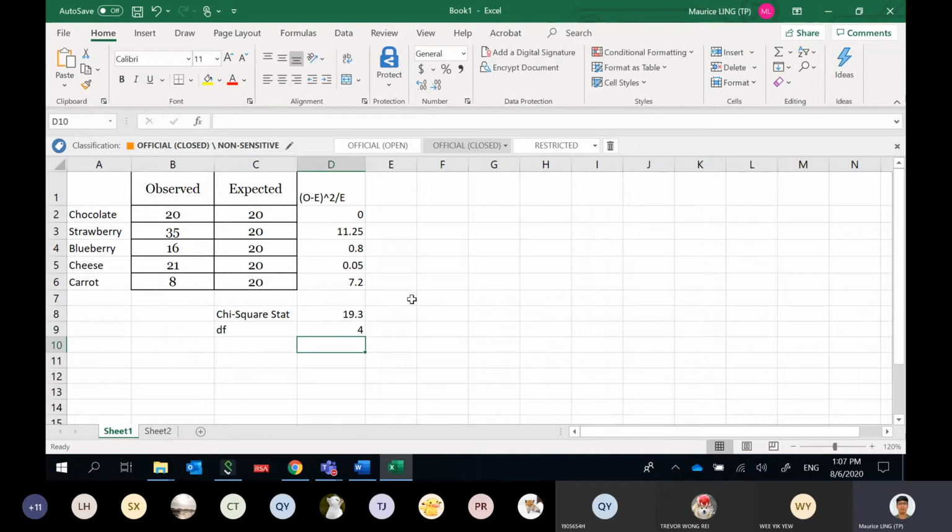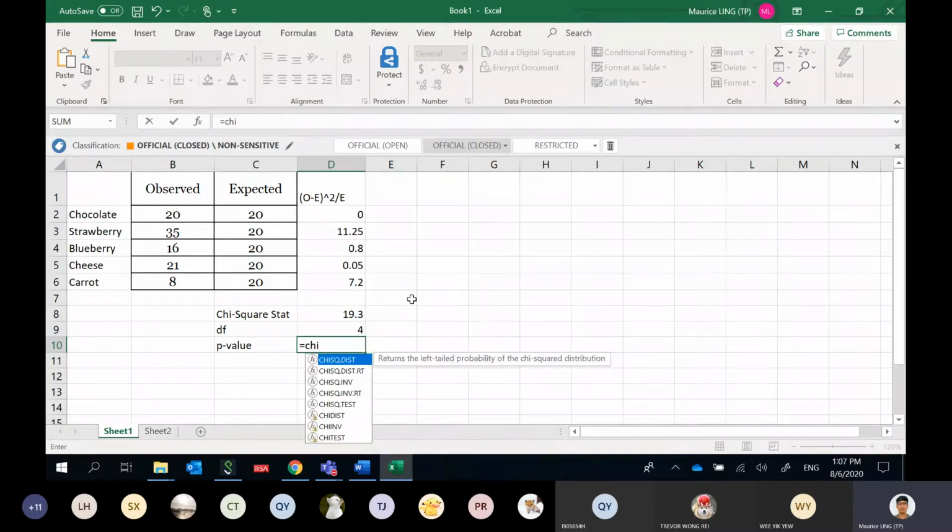So how do you get the p-value for this? Basically, we use the same method which we did in the first lab. You can take your chi-square right tail statistic using this formula, CHISQ.DIST.RT, which is the right tail.